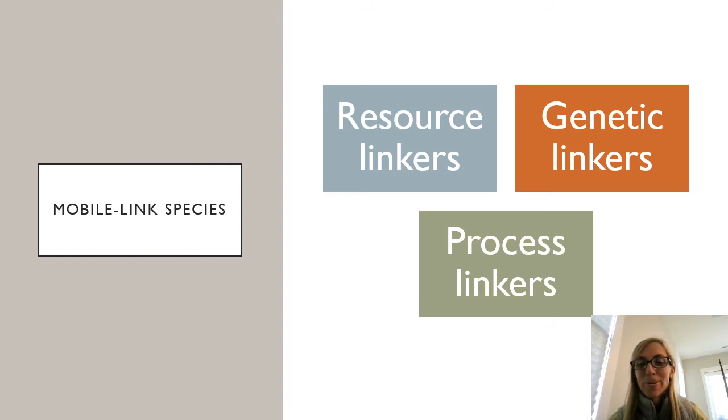For instance, large grazers may serve as both a process linker and a genetic linker by helping to move seeds through their excrement. The example of salmon we talked about earlier could be both a resource linker bringing the nitrogen inputs, but also a process linker that creates disturbances when they create their nest upstream.